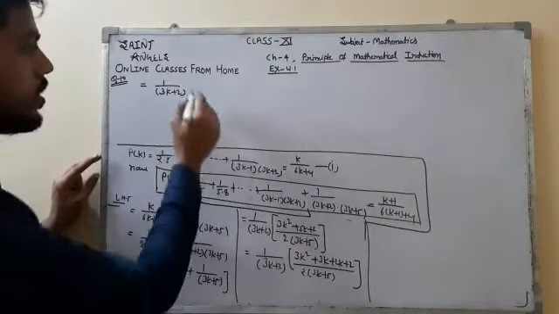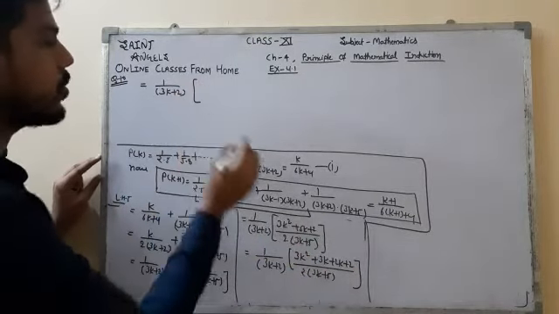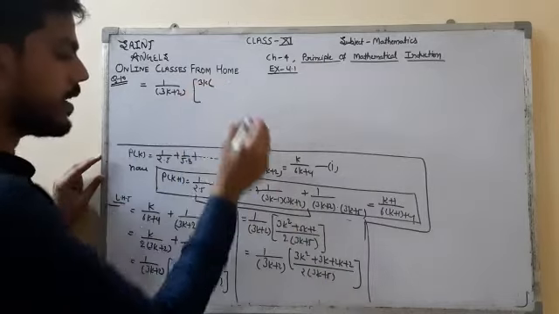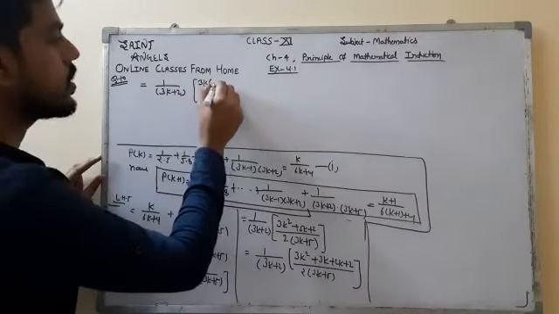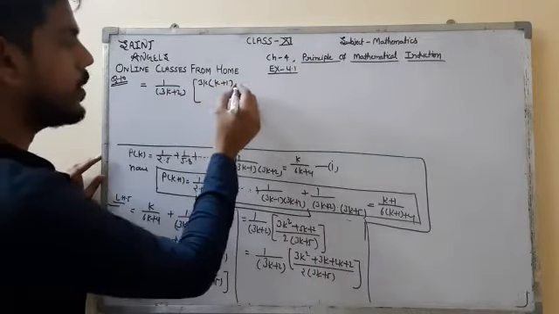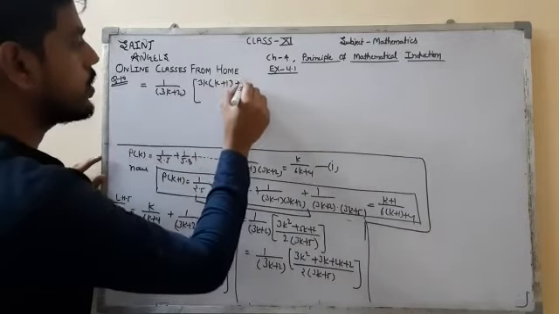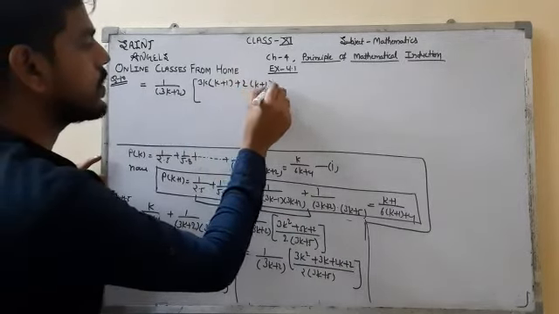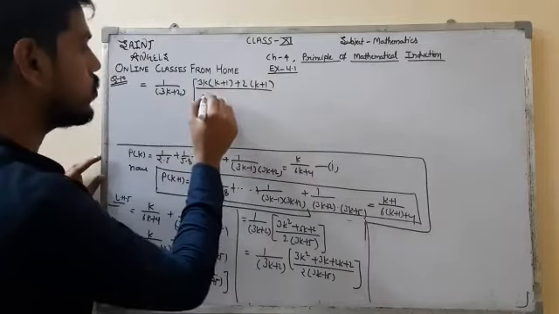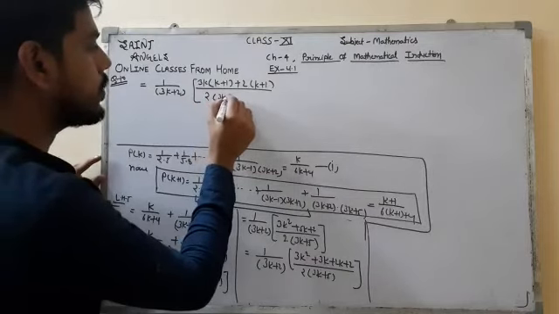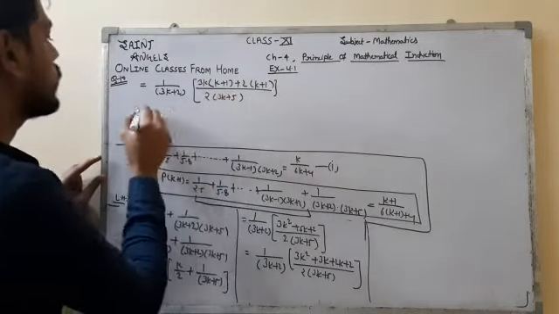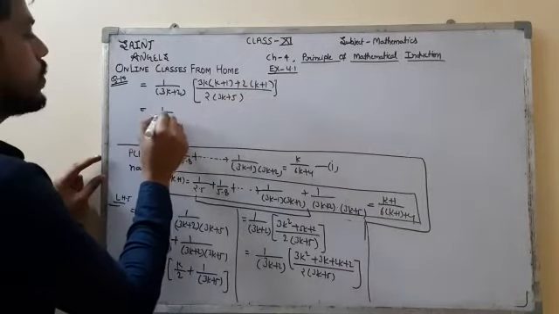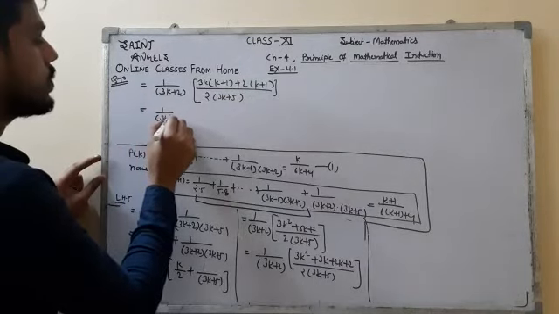So from here, now take 3k as common. So 3k, and what I am left with is k plus 1. And from here, I will take 2 as common. So I will be left with k plus 1 upon 2 into 3k plus 5. Okay, so 1 upon 3k plus 2.